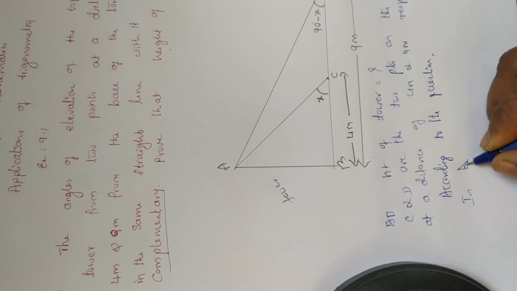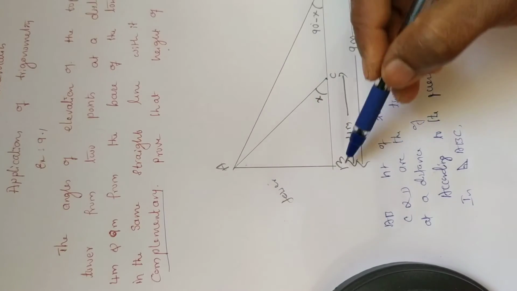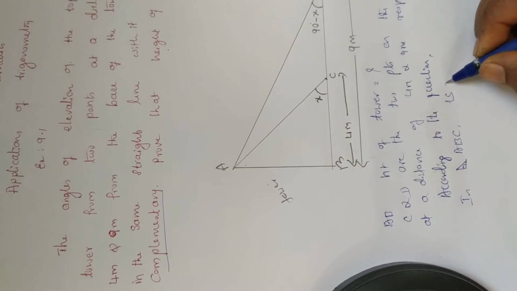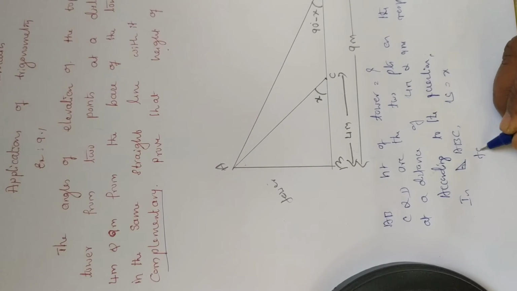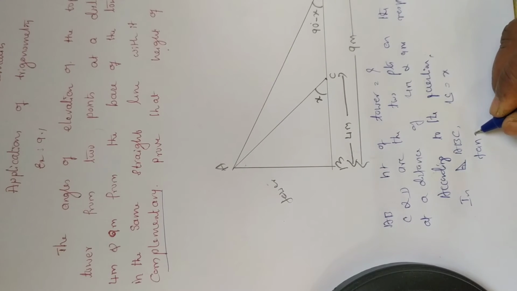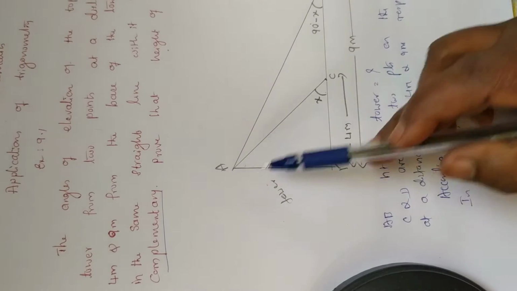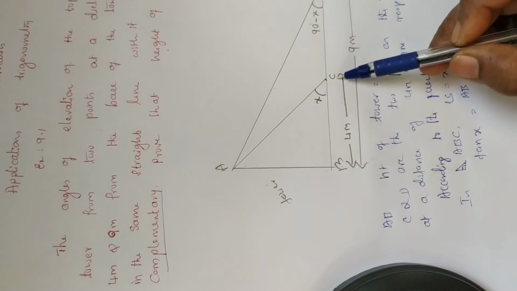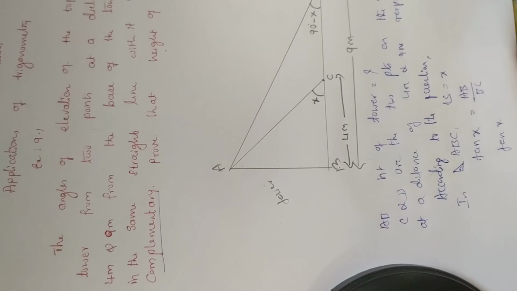In triangle ABC, where the angle C is x, using tan ratio, tan x is equal to opposite side over adjacent side. Its opposite side is AB, adjacent side is BC.